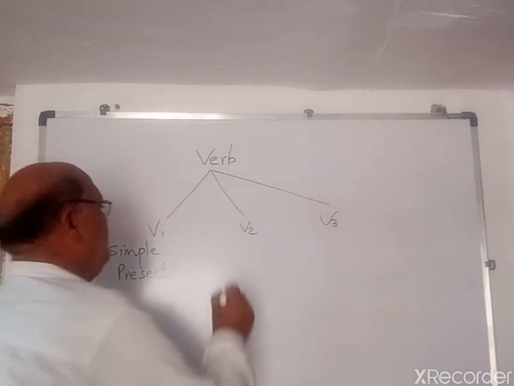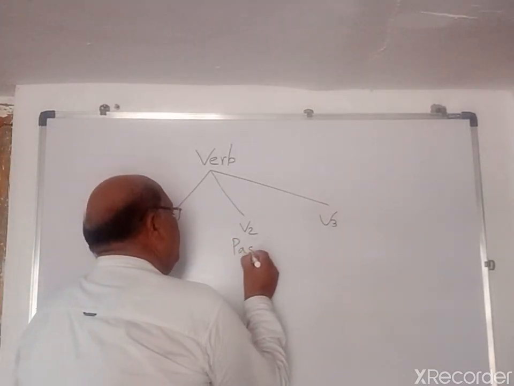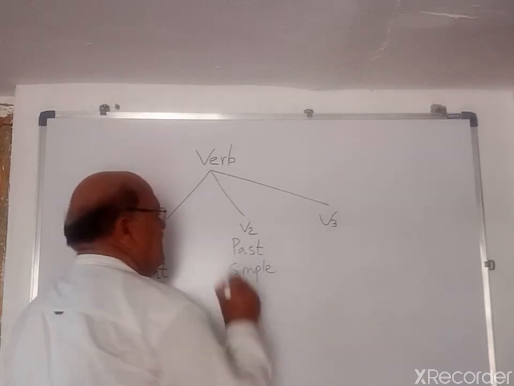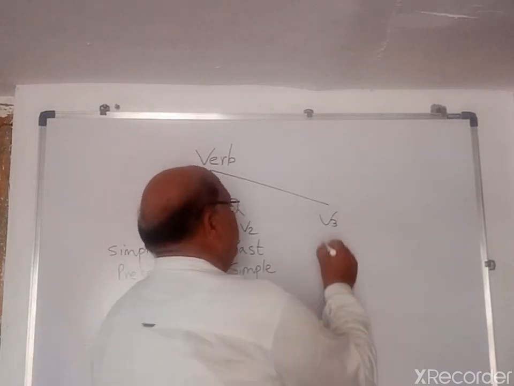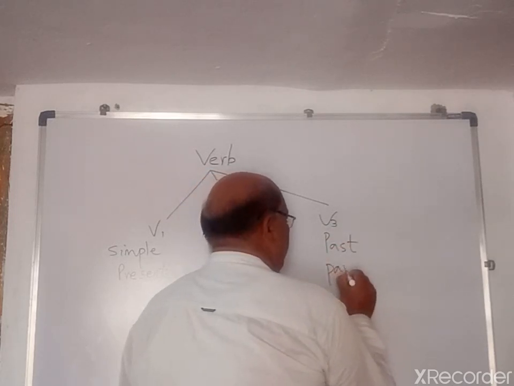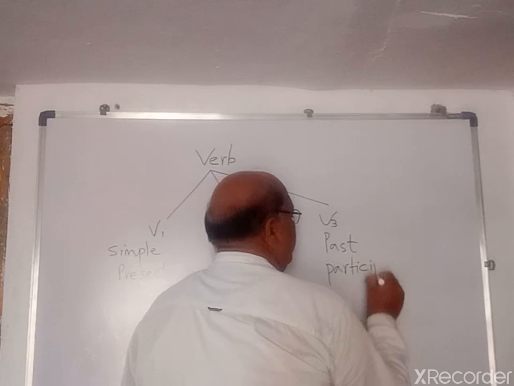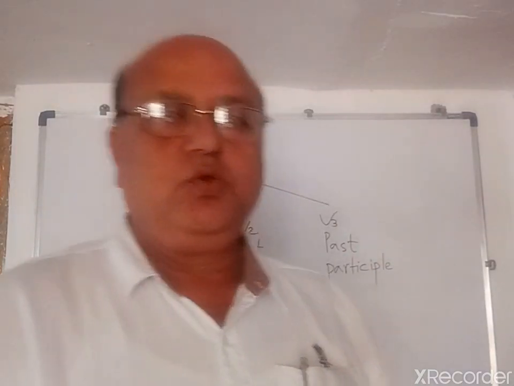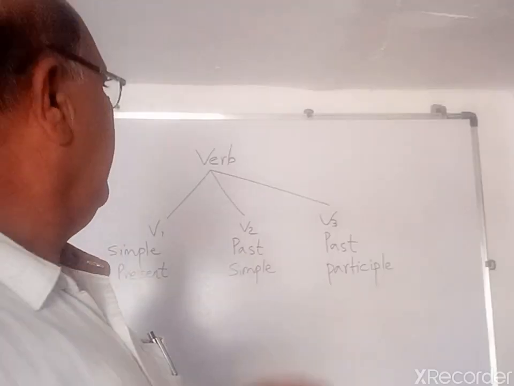Verb 2 is past simple. And verb 3 is past participle. V1, V2 and V3.